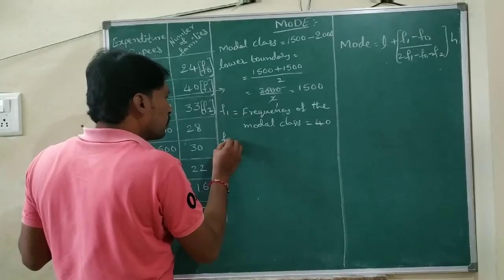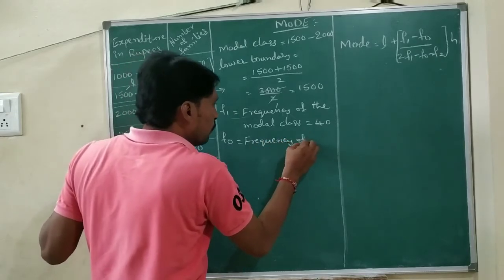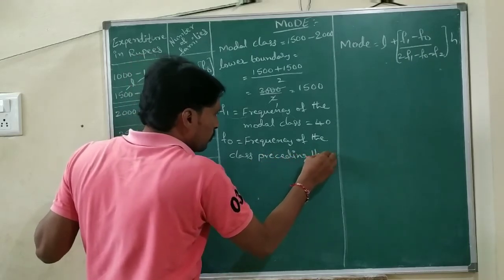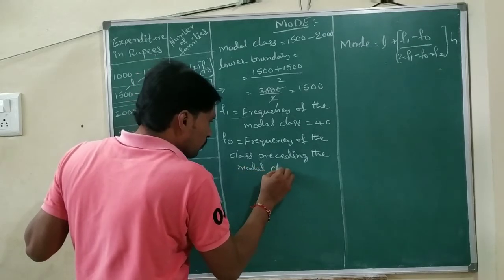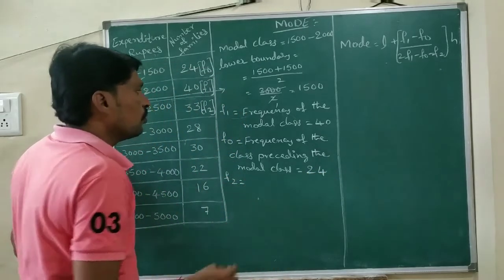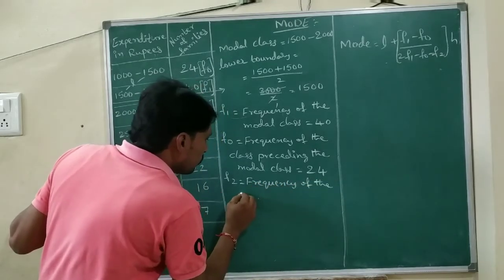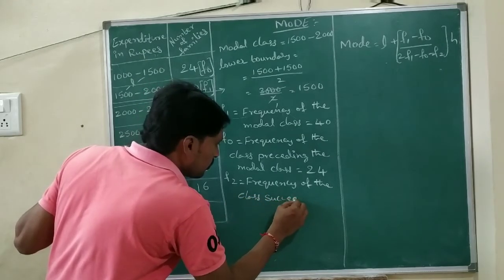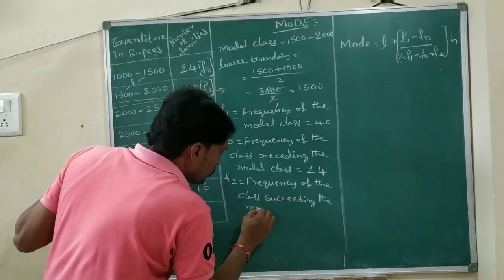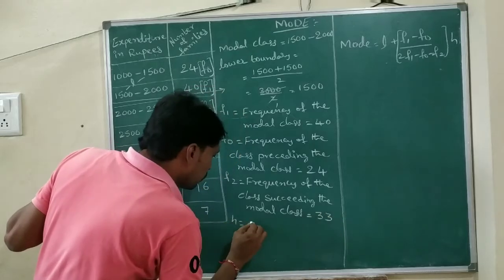F0 is the frequency of the class preceding the modal class, which is 24. F2 is the frequency of the class succeeding the modal class, and that value is 33. Next, H equals size of the modal class.